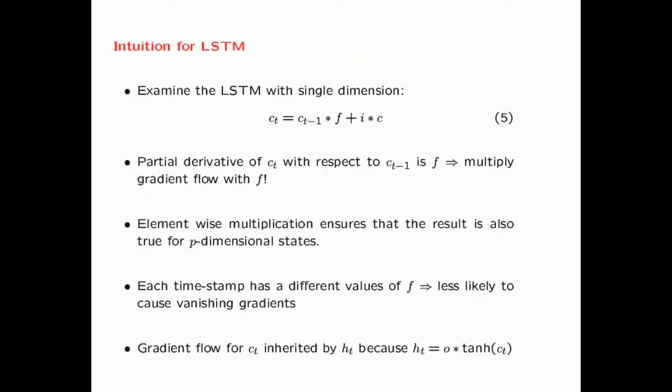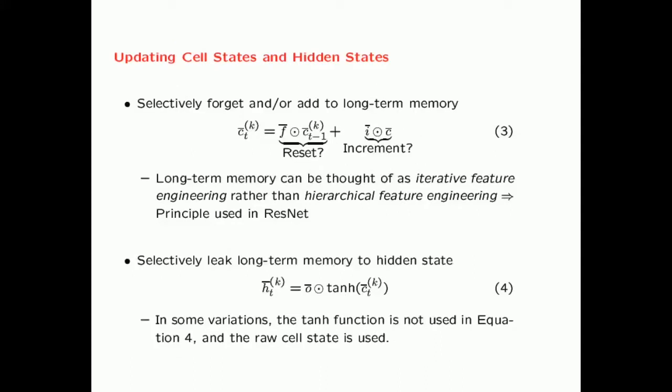And now, in order to understand why gradient flows in an LSTM tend to be far more stable as compared to a vanilla recurrent network, let us examine an LSTM with one dimension. Now, if you have an LSTM with one dimension, then this equation 3 over here, you can write it for a single dimension.